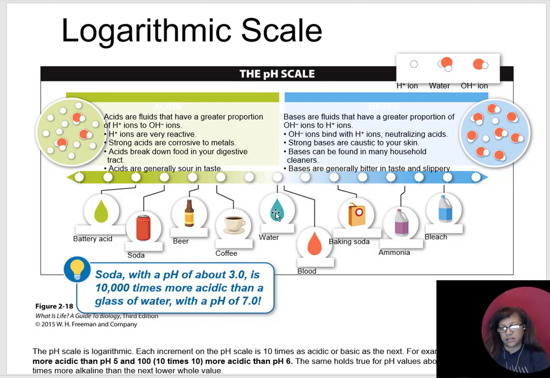Now that takes us to water, which is our neutral pH, 7.0. And now let's start looking at some common bases that we're familiar with. Blood tends to be just a little bit more basic, slightly basic. It is not 7.0. It is usually about 7.3.